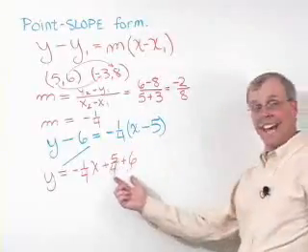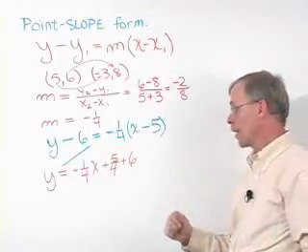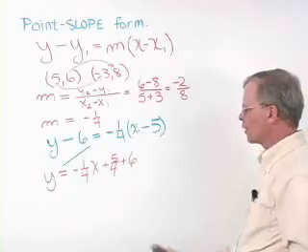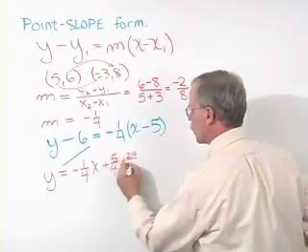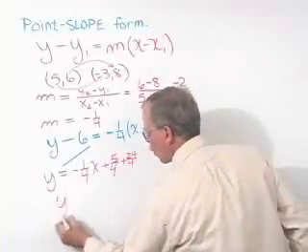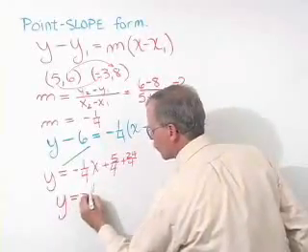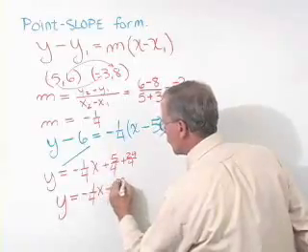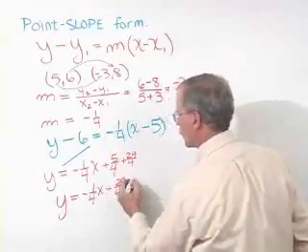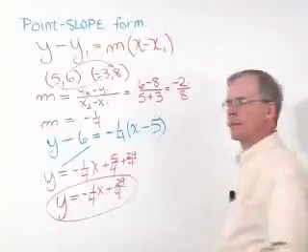So we'll have to add the 5/4 and the 6 together. 6 is 24/4. So this problem would be y equals negative 1/4 x plus 29/4. That's the slope-intercept form.